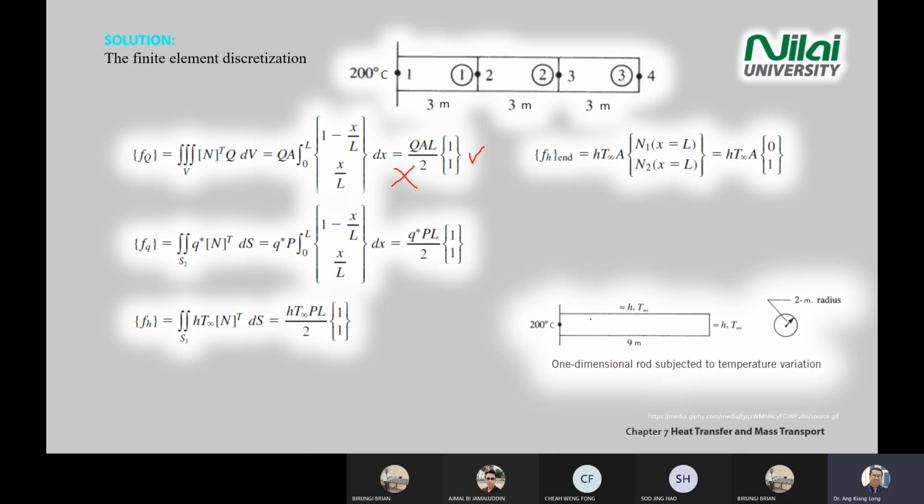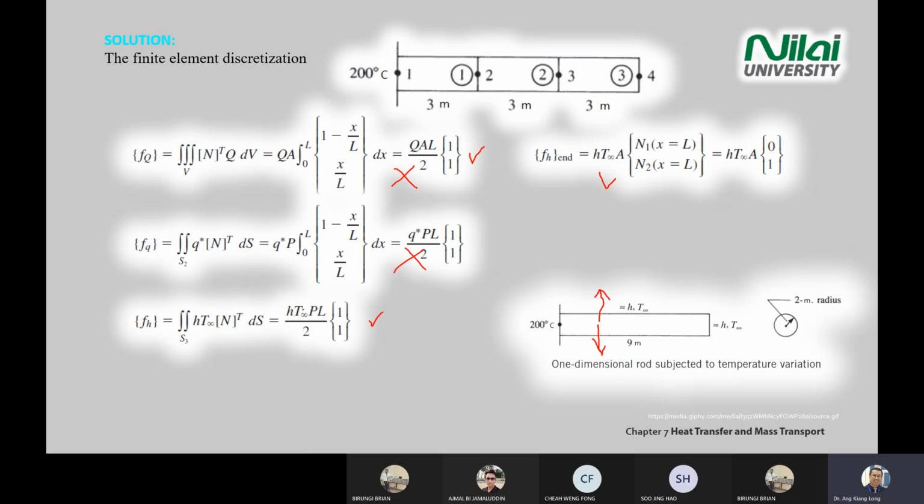In here, there's no heat flux mentioned in the question, so you don't need to calculate this one. However, you have the side in this case. You have a convection to the side. So there's a force. So you need to calculate this one, and you need to calculate the end force over here. This one is also based on the element.